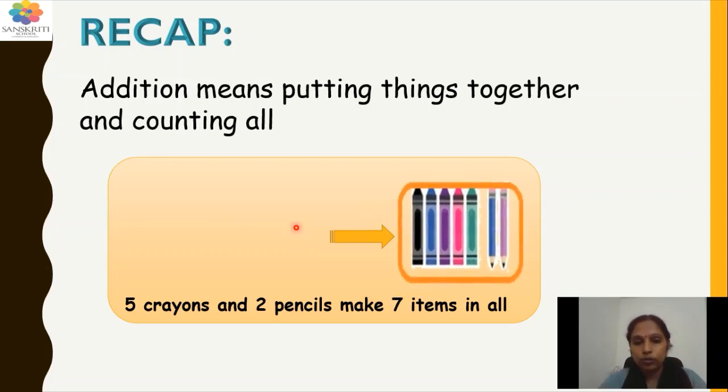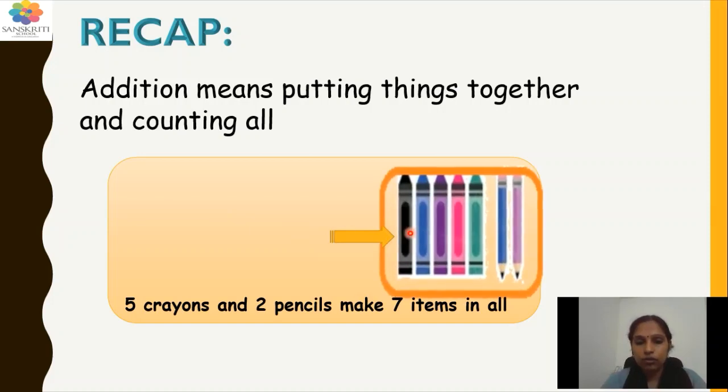I have to count. 1, 2, 3, 4, 5, 6, 7. So totally how many items are there? 7 items. We had 5 crayons and we had 2 pencils. Together they give 7 items. So 5 plus 2 gives you 7.